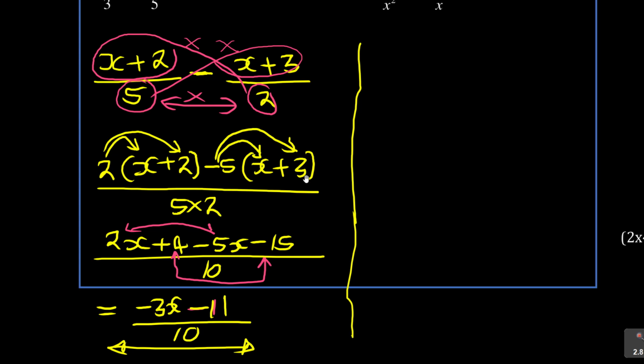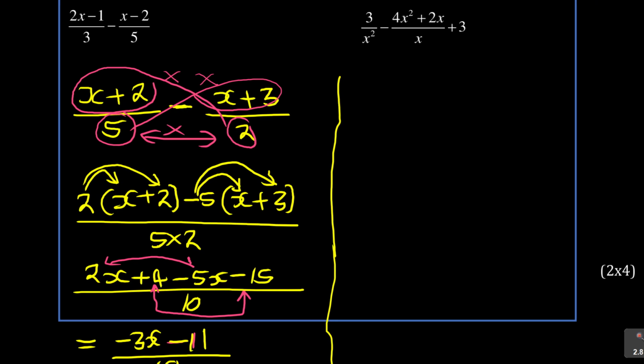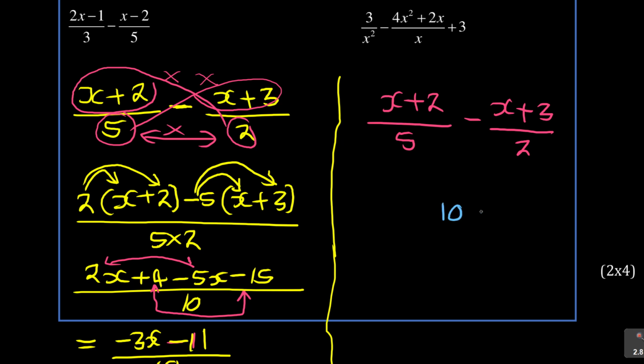The second way is to do this. Now let me write again: x plus 2 over 5 minus x plus 3 over 2. The second one is to say what is my highest common factor between 5 and 2? It is 10, the number that 2 and 5 both go into.